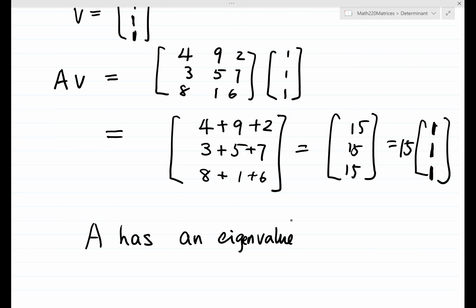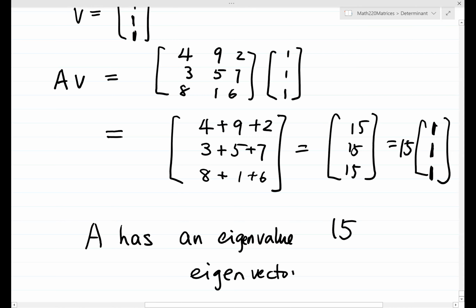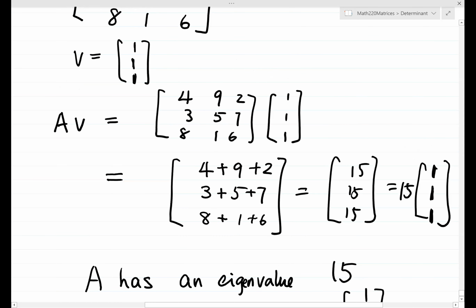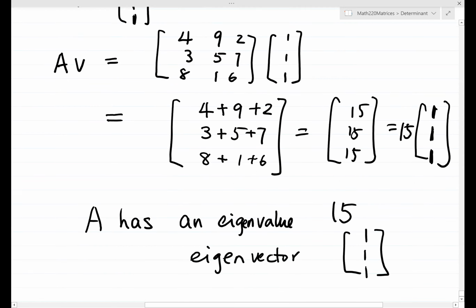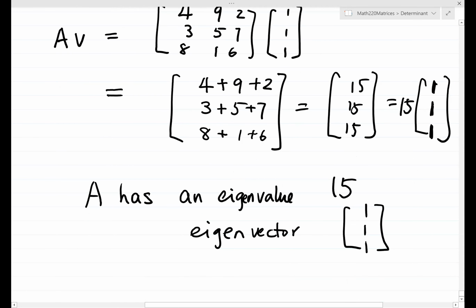A has eigenvalue 15 and eigenvector 1, 1, 1. You see the sum of the rows and columns are 15, so this 15 in some sense tells the sum of the columns and rows. So this is one old example of eigenvalue and eigenvector.